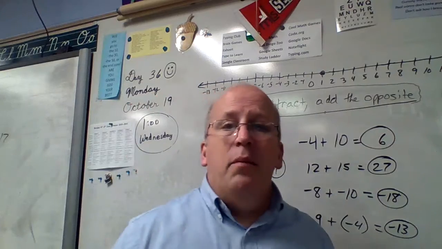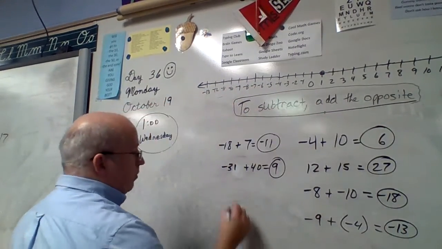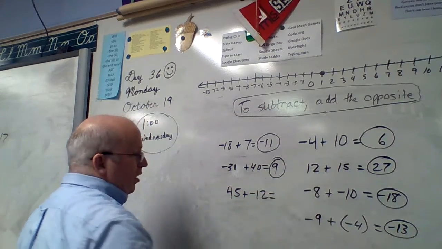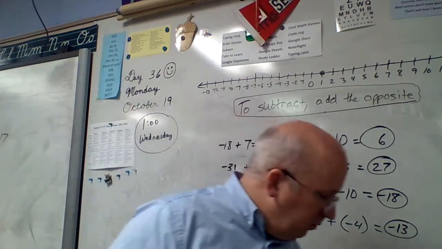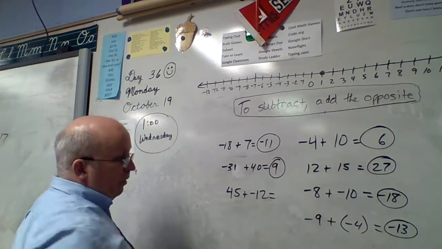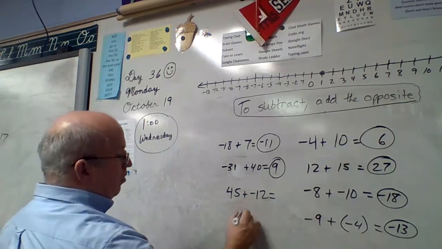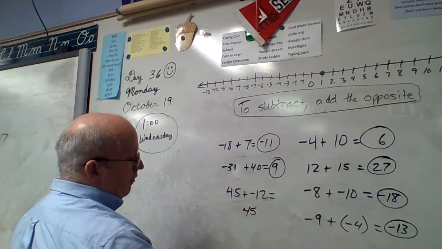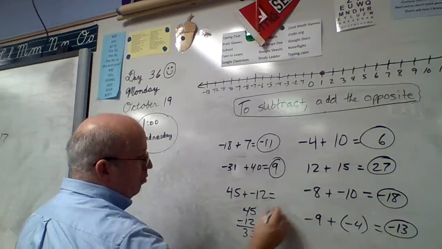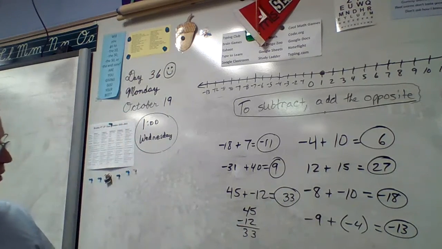Okay, I'm going to do one more in that section, number 7. Something similar to 7. What about 45 plus a negative 12? This is not number 7, but it's similar to it. Okay, a positive number plus a negative number, that's that 3-step rule again. So we think about their absolute values. So that's step 1 of the 3-step rule. Then we subtract them. I get 33. Okay, is it a positive or negative 33?